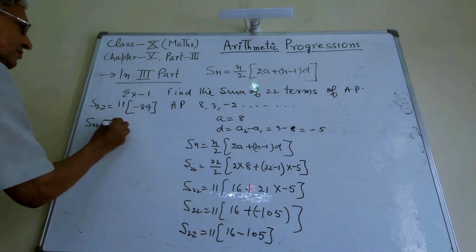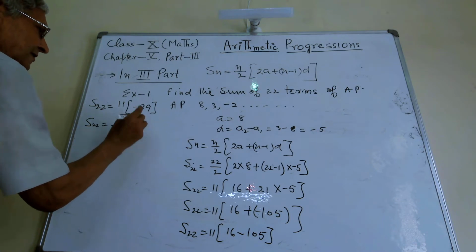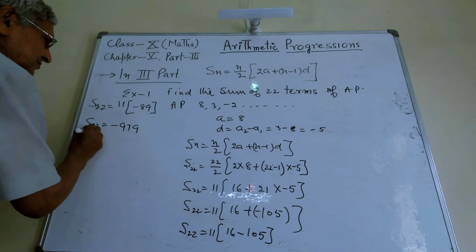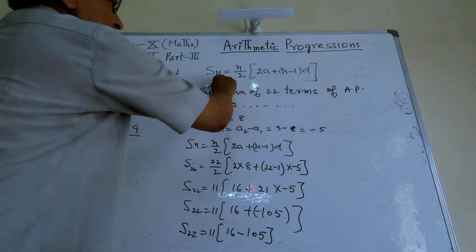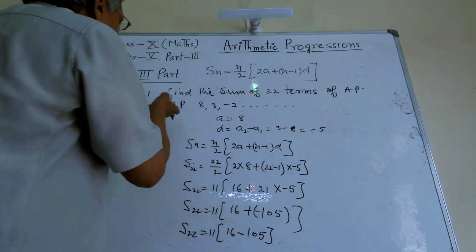S22 is equal to minus 979. This is the sum of 22 terms of this AP series, and by this formula it is very easy to calculate the sum of these 22 terms.